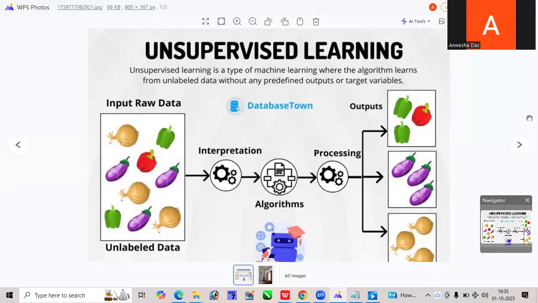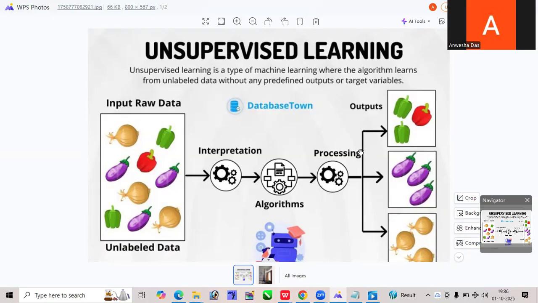So in short, we can say that in a supervised machine learning algorithm, there are particular input data and output data. You are learning from your teacher. And what is the unsupervised machine learning algorithm? You are learning on your own. There is no particular output column.